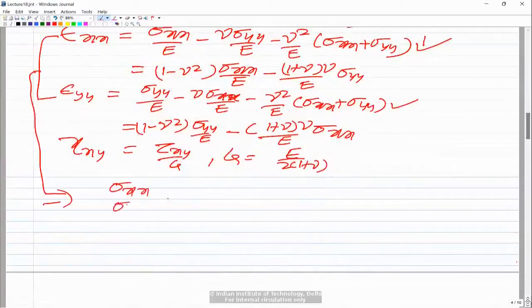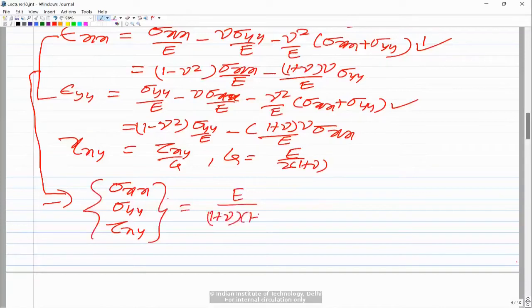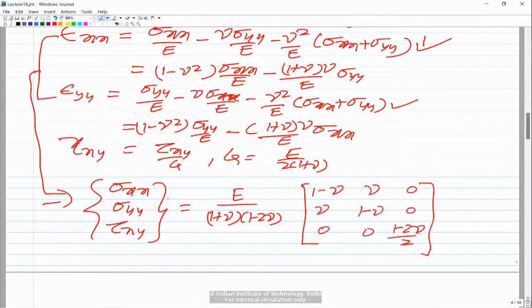So you get sigma xx, sigma yy, and tau xy equal to, for the plane strain case, this relationship comes out as E upon (1 plus nu) into (1 minus 2 nu), and then inside we have 1 minus nu, nu, 0; nu, 1 minus nu, 0; 0, 0, (1 minus 2 nu) by 2, multiplying epsilon xx, epsilon yy, and gamma xy.